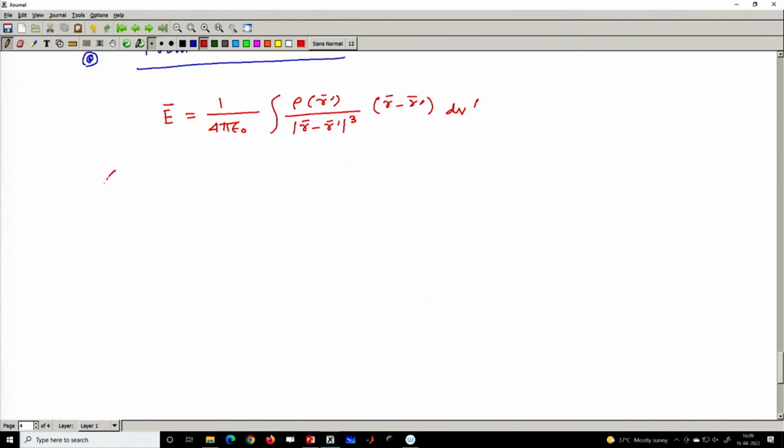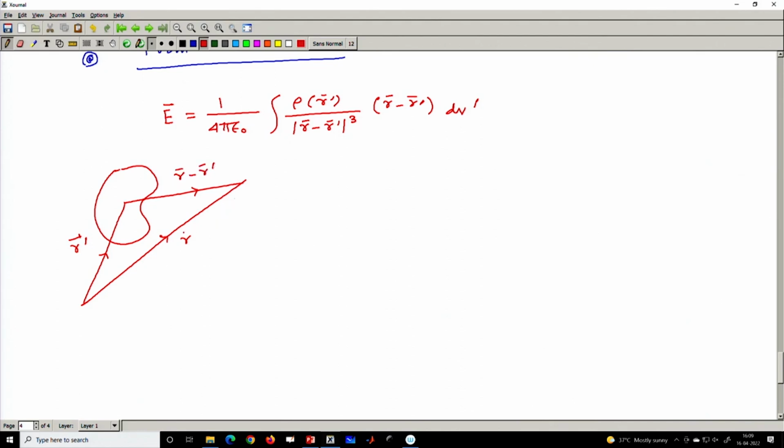So, if we have a charge distribution here, and from a given coordinate system, this is r prime, this is r, and this is r minus r prime.